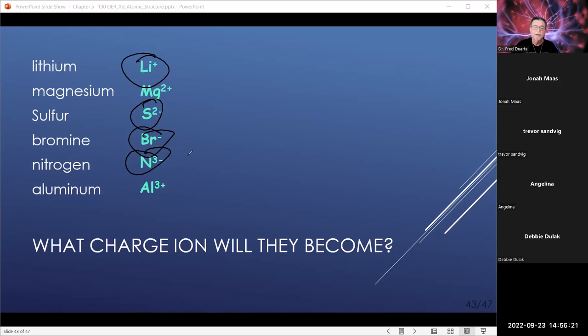I can also take magnesium and bond that to the sulfide, or to the bromide or the nitride, and all the other combinations. And then aluminum, I could do the same thing, meaning that I can take aluminum and bond that with the nitride or the bromide or the sulfide.